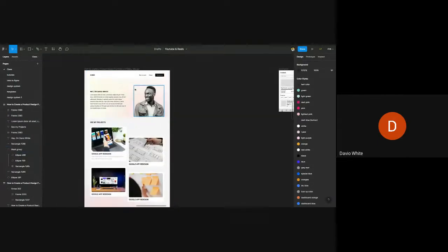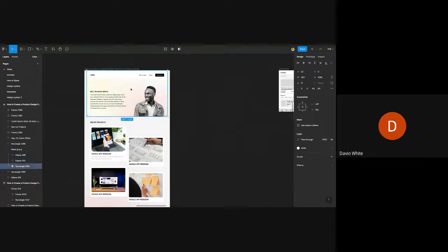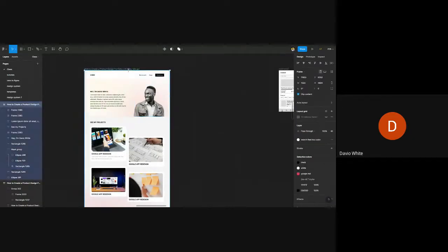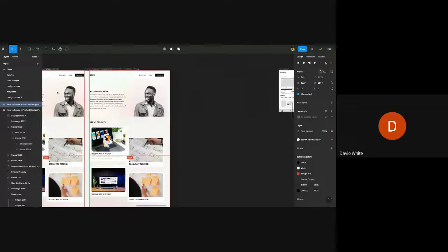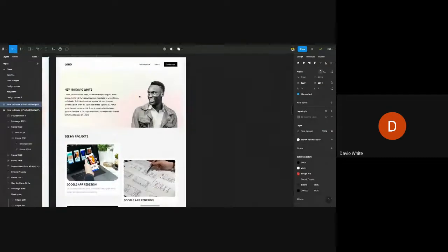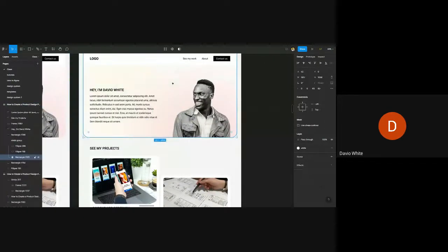Had to do with the portfolio. You know what? I'm going to duplicate this, and to get out something really cool, I'll just do this.